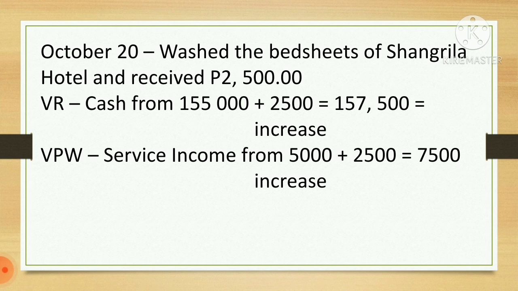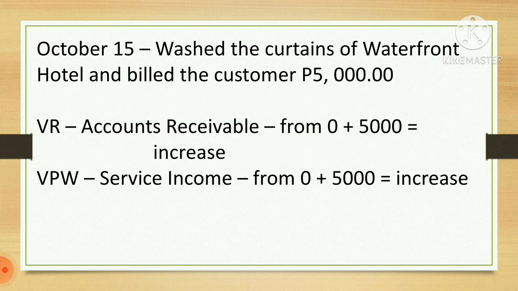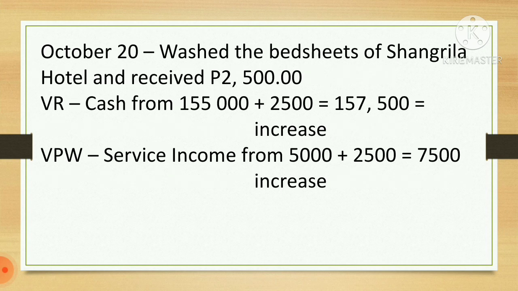Now, for the value parted with, since the company performed the service, of course, they have service income. So going back to the previous transaction, the company already has a service income of 5,000 from Waterfront Hotel. So that's 5,000 there. And another 2,500 from Shangri-La Hotel. So it becomes 7,500.